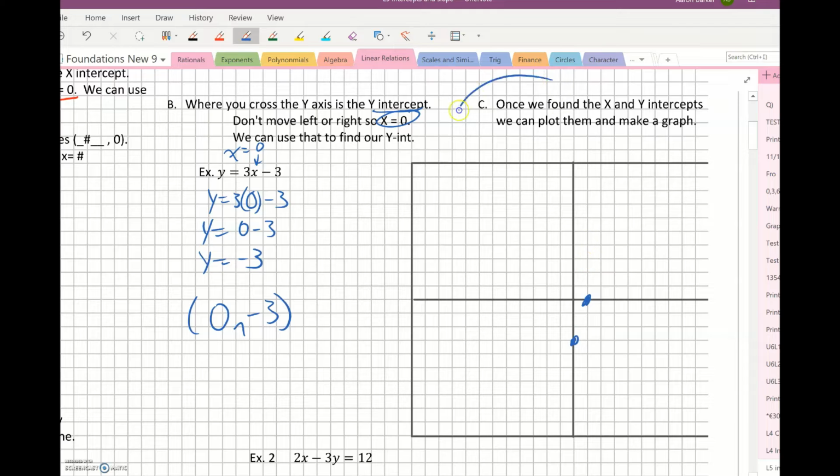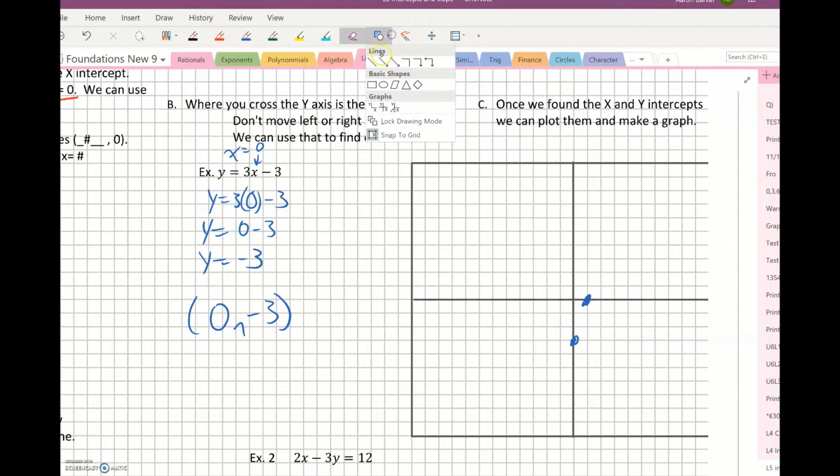Once we found our intercepts, we can now make a graphed line. So we'll take our ruler and make this graph line right there.